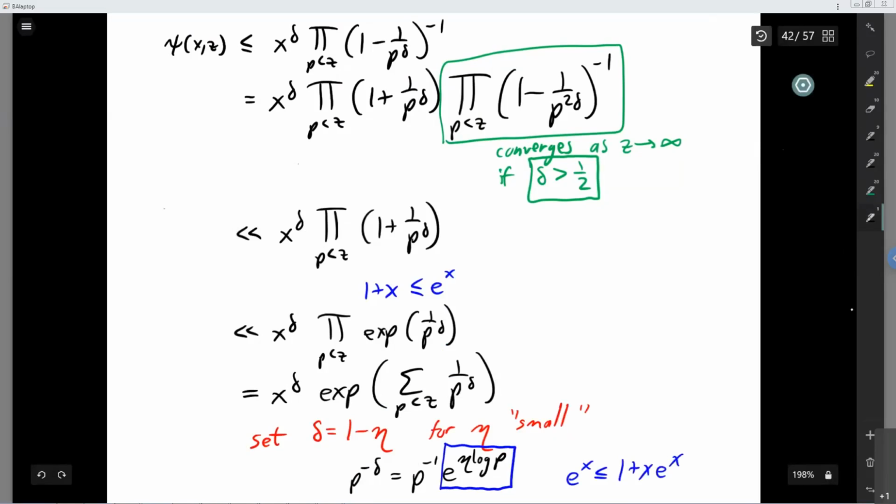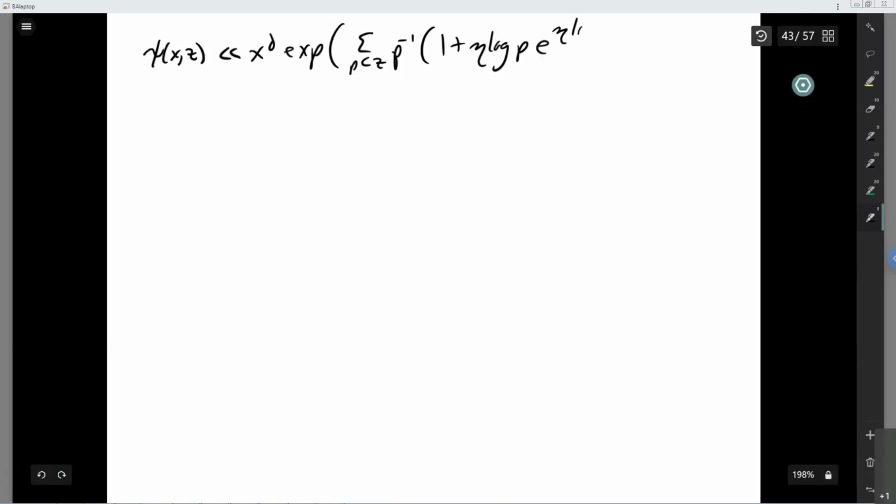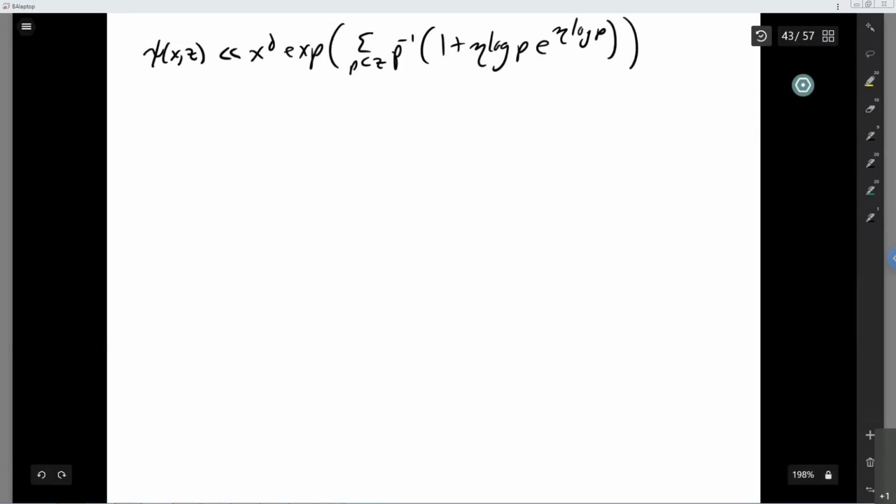So putting these together in order to bound the sum inside the exponential function, we'll get a bound that looks like x to the delta exponential of sum over p less than z of p inverse times 1 plus this exponent times e to the eta log p. Now we just have to pick some value of eta which is sufficiently small. So we choose eta is 1 over log z.